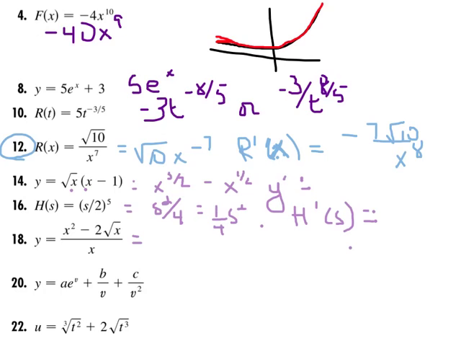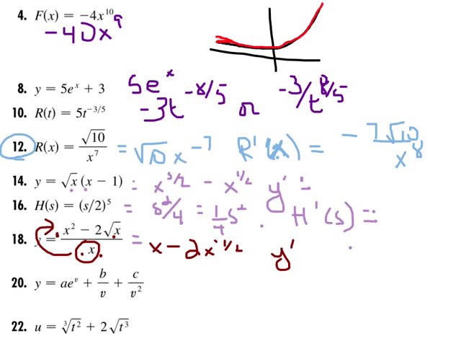You can take this up as an x to the negative first and distribute it through, or you can look at this as x squared over x minus 2 times the square root of x over x, which ends up giving you 2x to the negative 1/2. Then you can find your y prime from there.